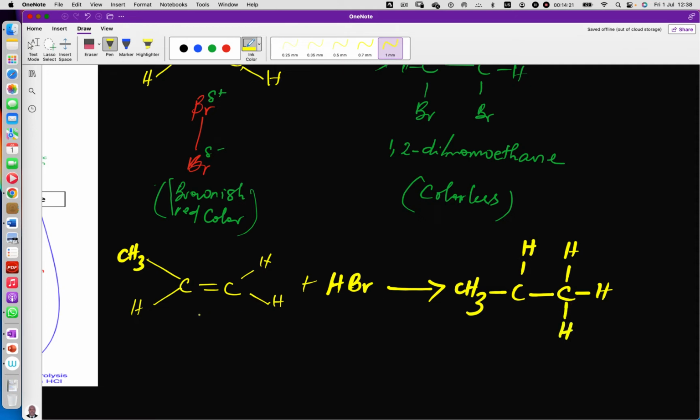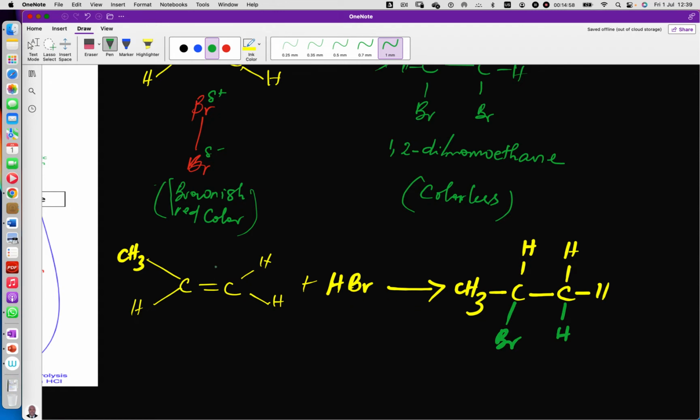Let me identify it in this way so that you can better understand. You can have this one as hydrogen, and we have this as bromine.